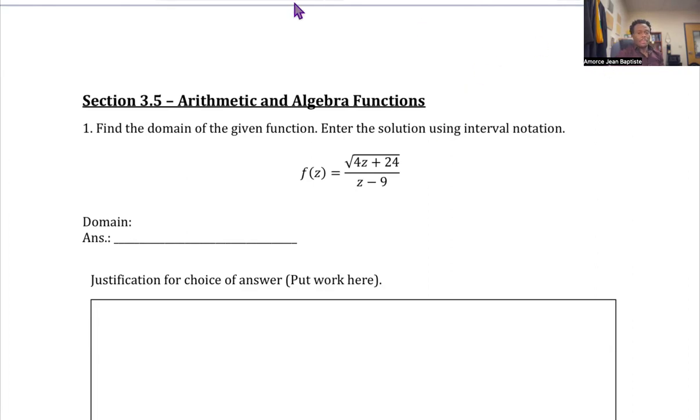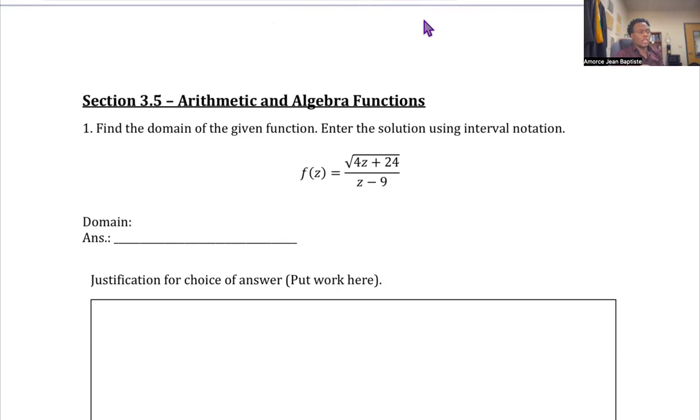But one thing about when you are performing these operations, and composition. So we have addition, subtraction, multiplication, division, and composition of functions.